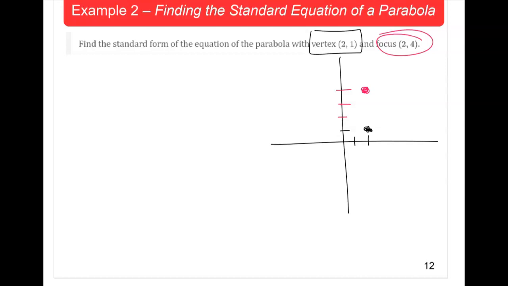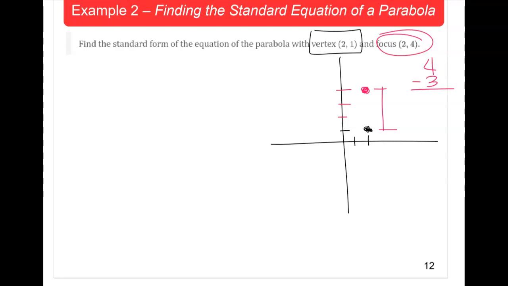If I want to get the distance between the focus and the vertex, I could either count the units, 1, 2, 3, or I could subtract, because they are separated vertically.